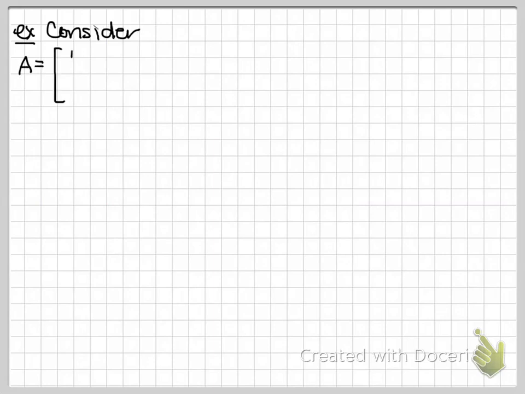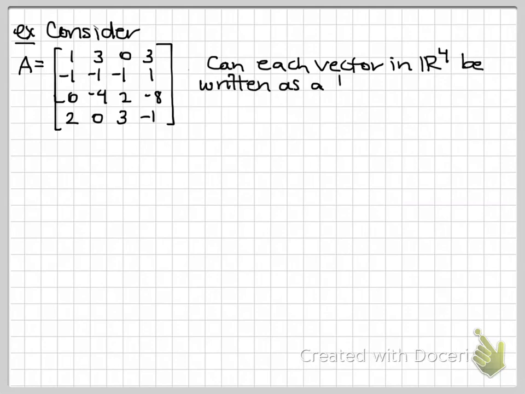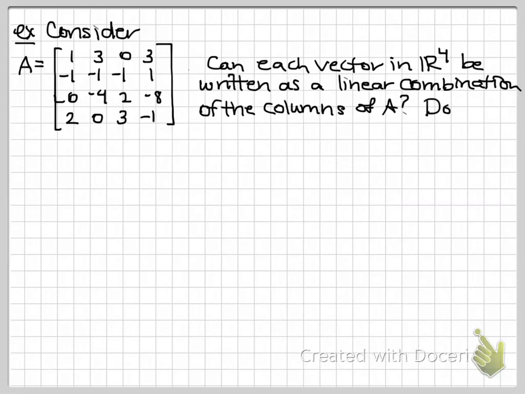Alright, so let's use the theorem to look at an example. So consider A is the matrix 1, 3, 0, 3, negative 1, negative 1, 1, and so on. Can each vector in R4 be written as a linear combination of the columns of A? Do the columns of A span R4?